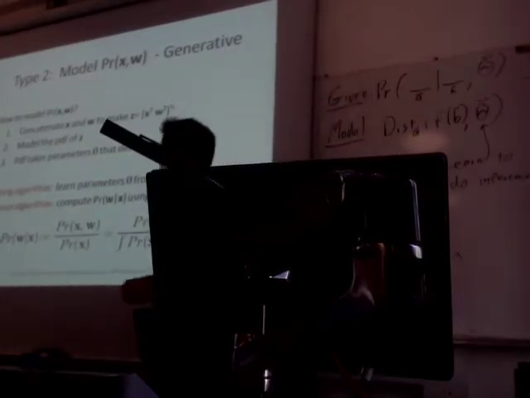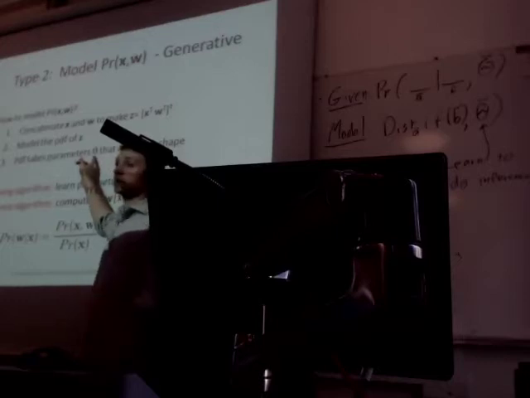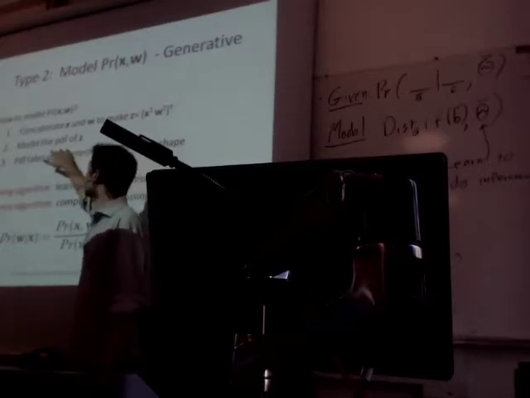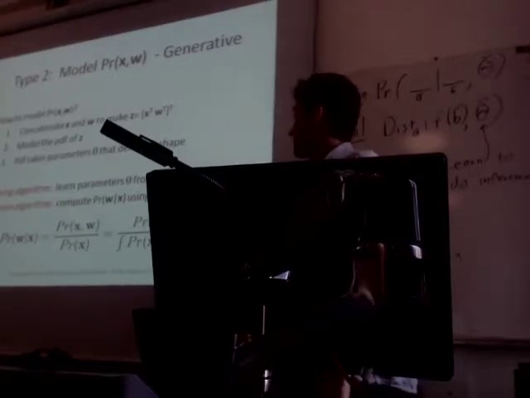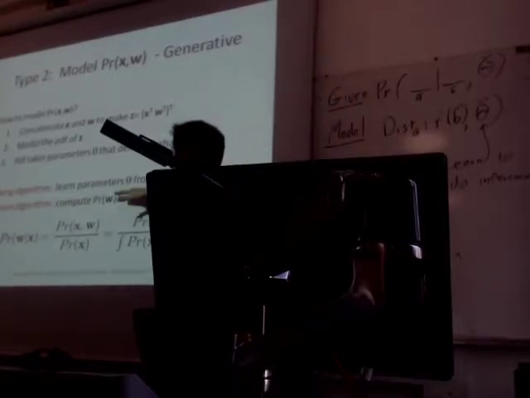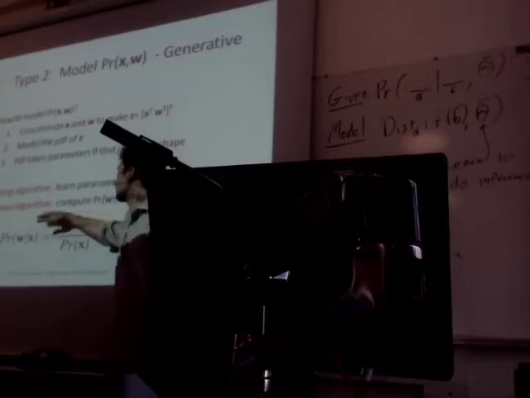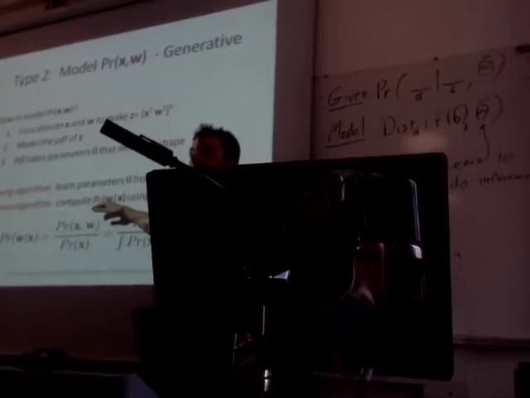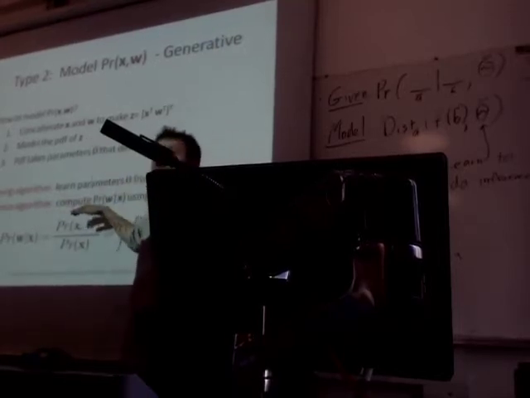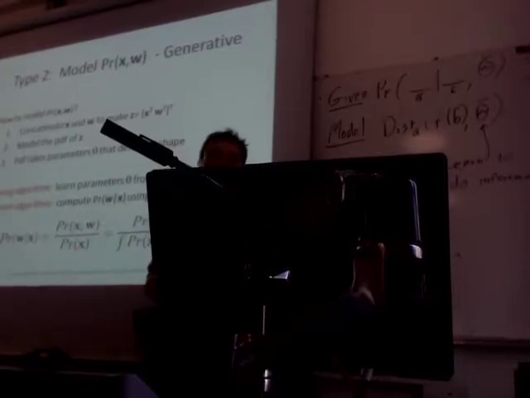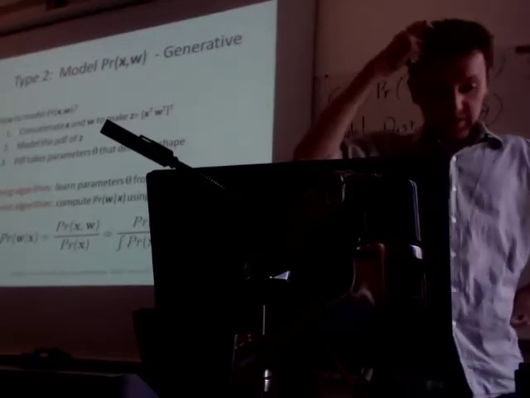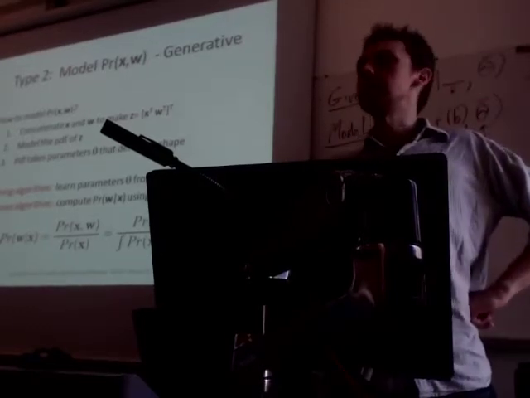And just like before, we're going to try to fit the parameters theta so that the model that we chose does a good job of explaining Z. Then, once we've learned them, at test time, someone comes along and says, well, I didn't want the joint probability. I wanted the probability of W given X. Help me out.